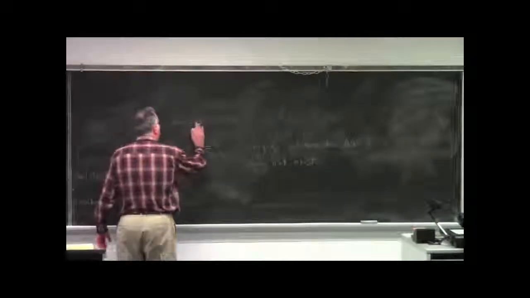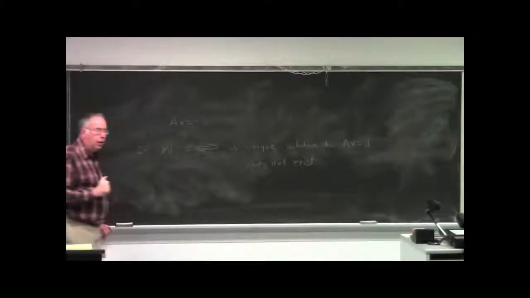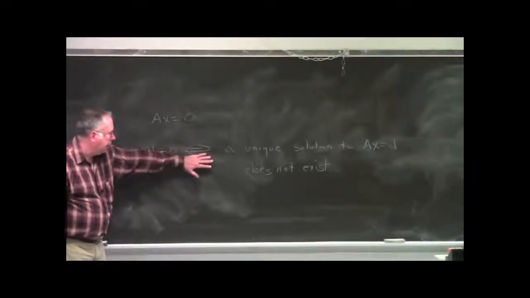But for the homogeneous case, for this case right here, we know there's always a solution. The trivial solution always works. So this statement's still true. If the determinant of A was 0, it means a unique solution does not exist. But really what that means is that there's an infinite number of solutions.